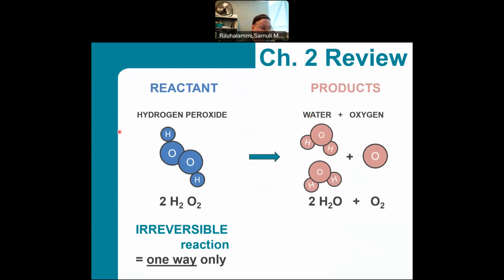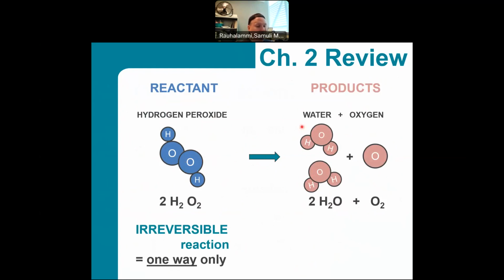So in this case, the reactants would be the hydrogen peroxide and the products would be the water and oxygen. This type of reaction that we're seeing here is known as an irreversible reaction, because by natural means, just in room conditions, this reaction only proceeds in one direction.